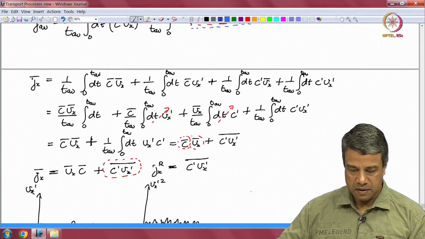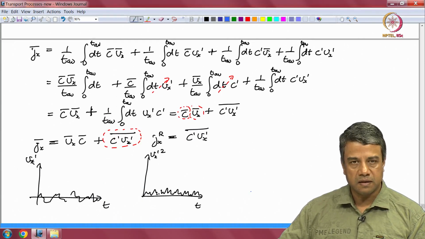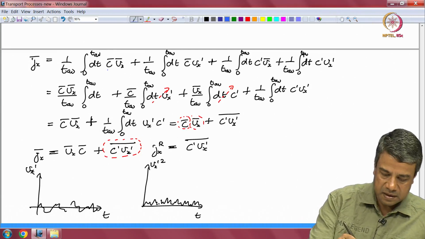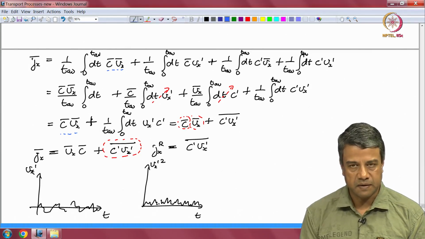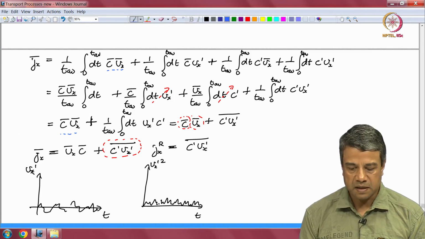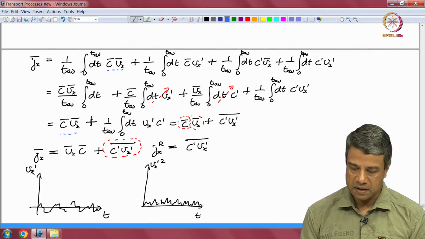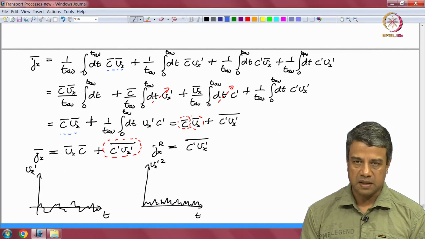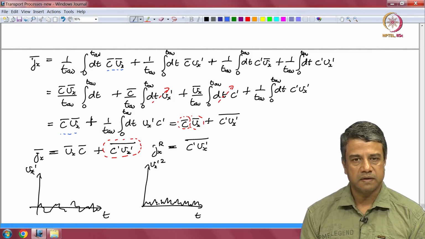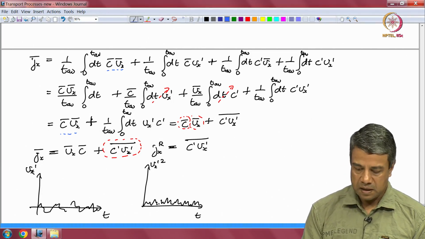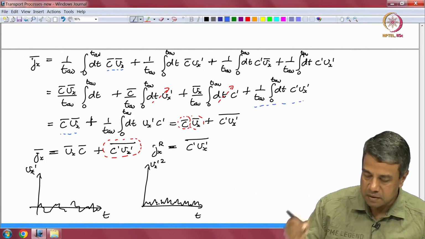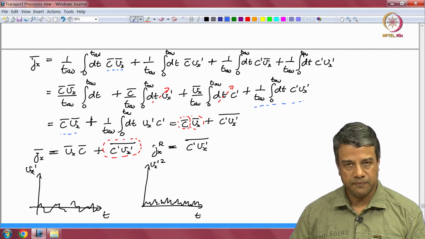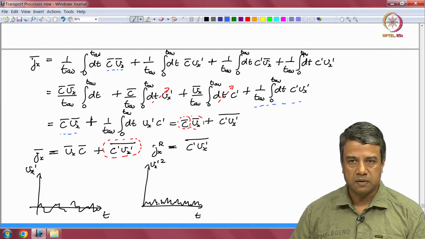So, when you do the integral of the mean velocity, you get something that is just the product of the mean concentration and the mean velocity. Terms that are linear in the velocity fluctuations will average to 0, because the average of Vx prime is 0, the average of C prime is 0. However, you get an additional term which is proportional to the product of C prime and Vx prime, that is not 0 in general.